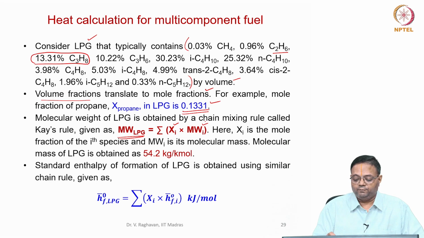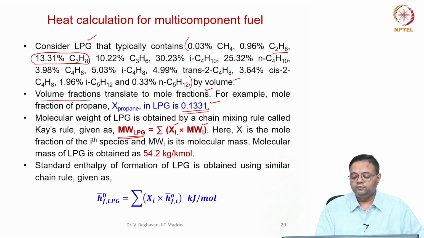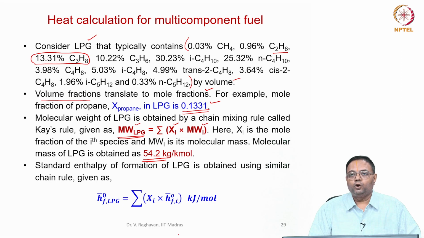So, for example, for propane, I will say 0.1331 into the molecular weight of propane, that is 3 into 12 plus 8. I will put this and add all this to get the molecular weight of LPG, which is calculated as 54.2 kilogram per kilomole.